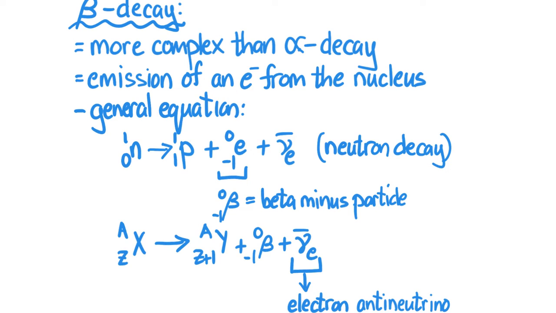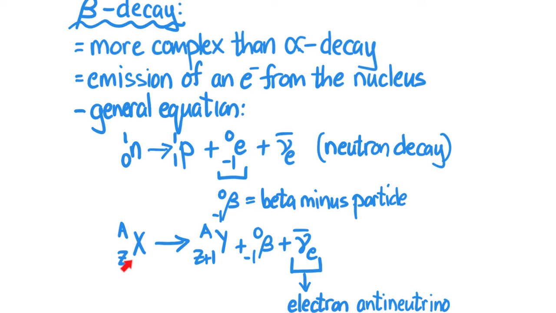So now, if we look at the beta particle, we know it's got a -1 charge, and there's the electron antineutrino, which doesn't have a charge. So looking here, if you look at the negative 1 here, if you add it to this, Z + 1 - 1 gives us Z, then you get a balance. Z = Z + 1 - 1, which equals Z. But the atomic number is not conserved because the number of protons increases. But what is conserved is the charge.